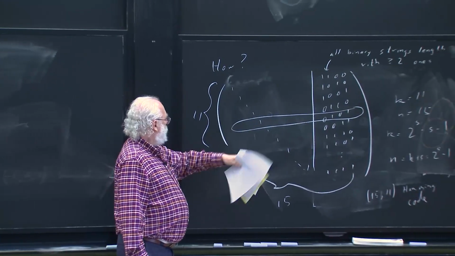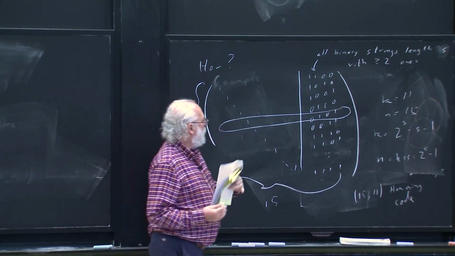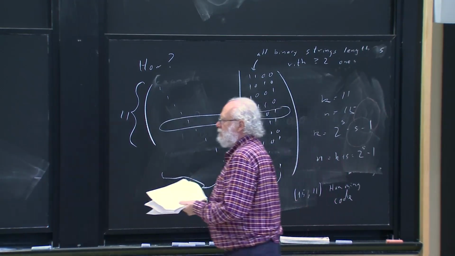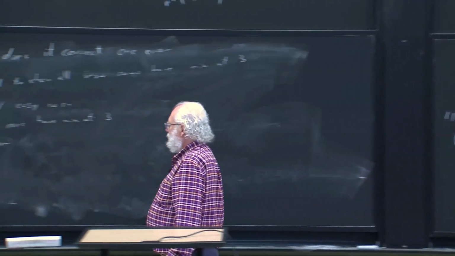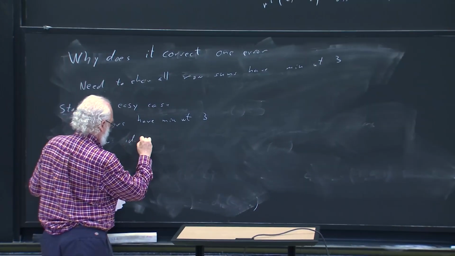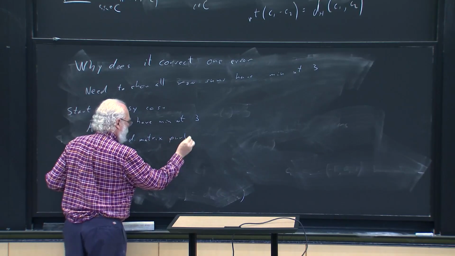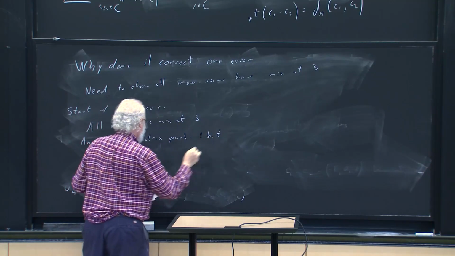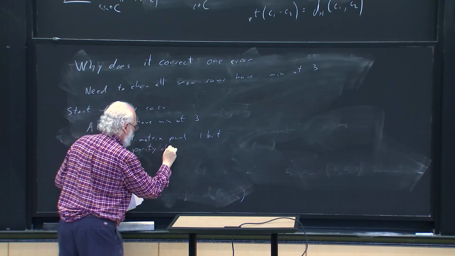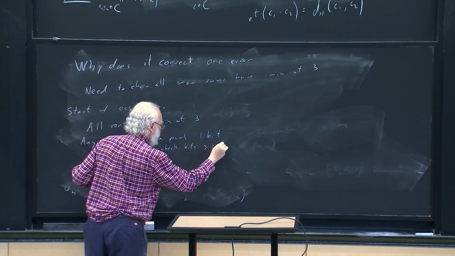The identity matrix has 1 bit in it, and the parity check bits have at least 2 bits in them. One bit, parity check bits, 2 bits.